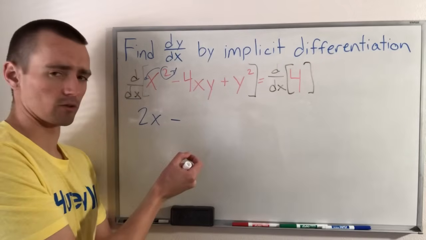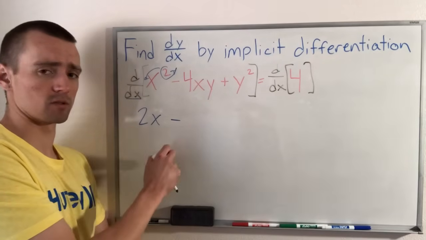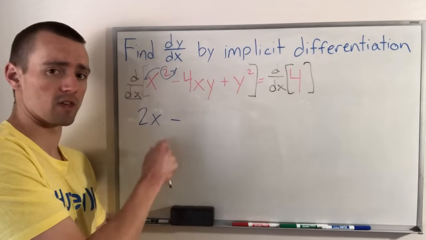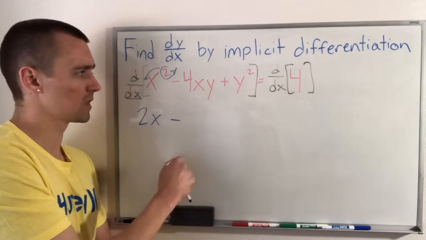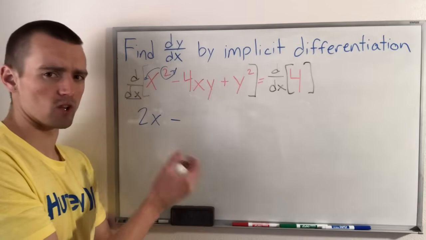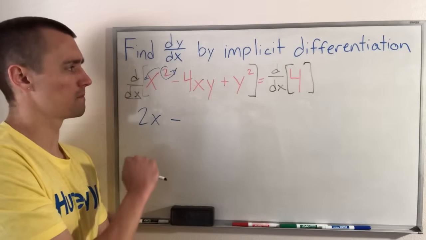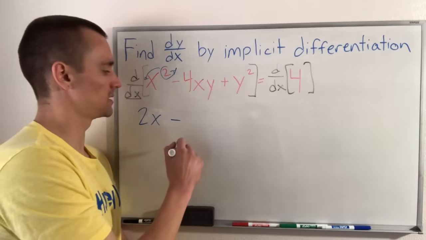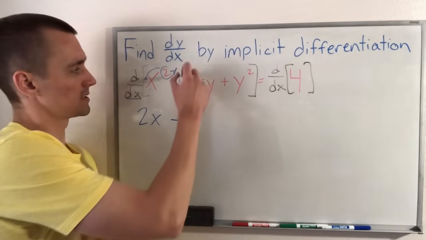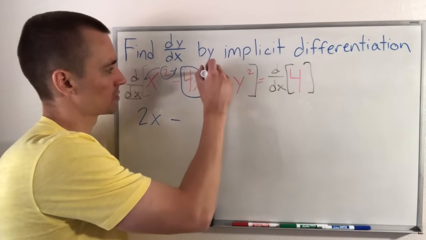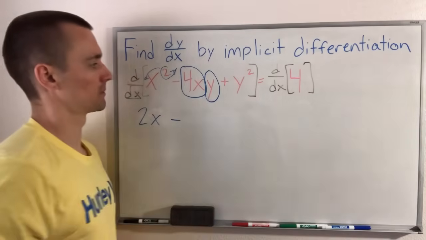You have to use the product rule whenever you're taking the derivative of one thing times another thing. There is a little bit of freedom in what you want to call the first function and what you can call the second function. But just to make things easy on us, let's say that 4x will be one function and y will be our other function.